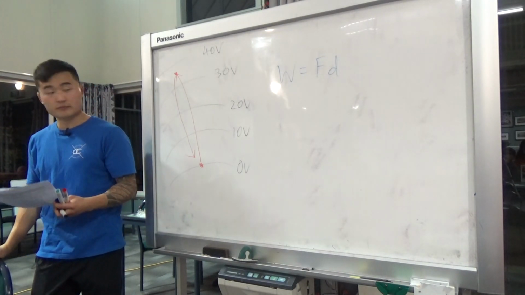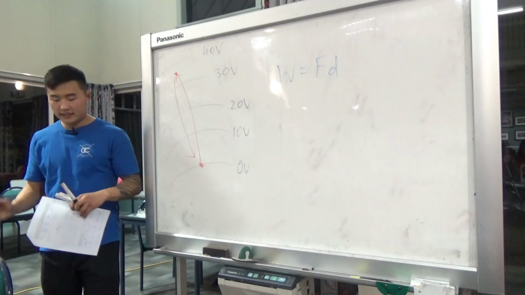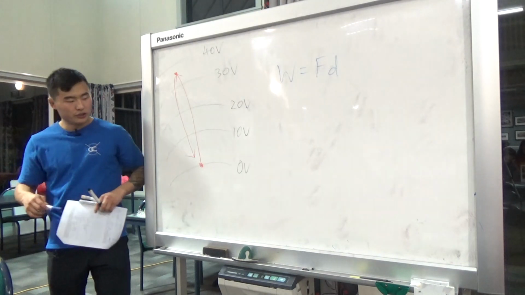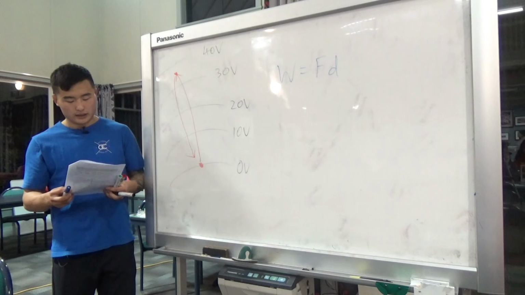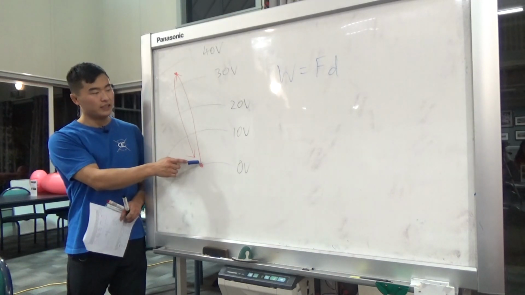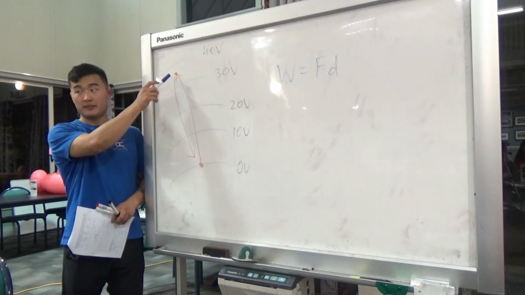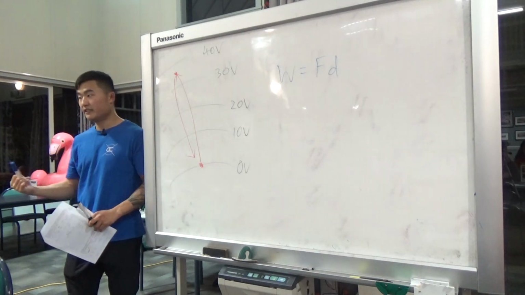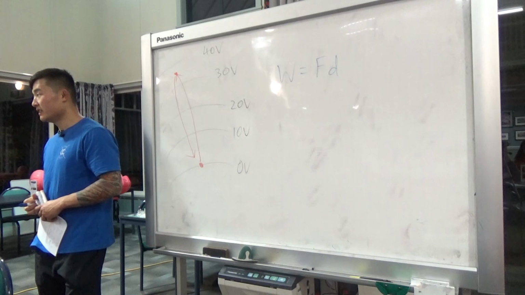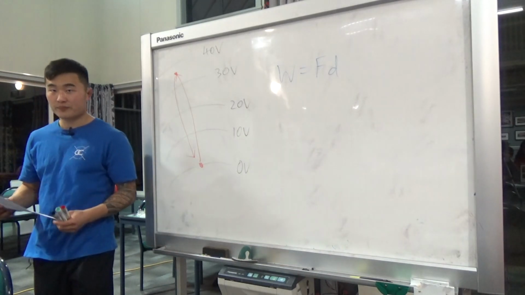The reason for that is that you're going to put work in to move the charge here, but then when you come back the other way, it's just going to be the negative of that work, and so that's going to cancel it all out.